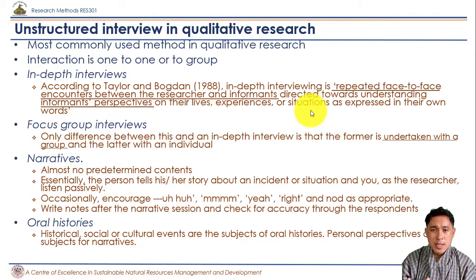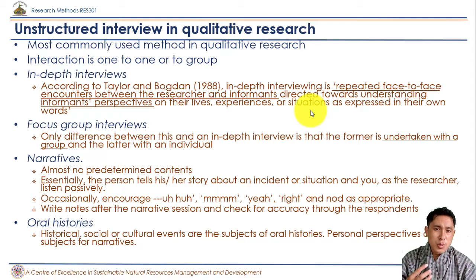So lots of advantages, because you tend to know lots of things about the respondent's perspective, and you tend to get lots of data about your research objectives. The second one is focus group interviews. It's exactly the same as the in-depth interview, just that this time you're not looking at one-to-one interview, but you're looking at groups as your respondents.